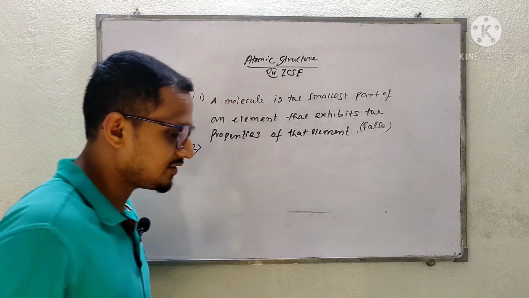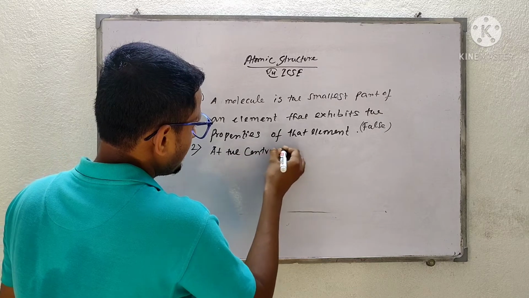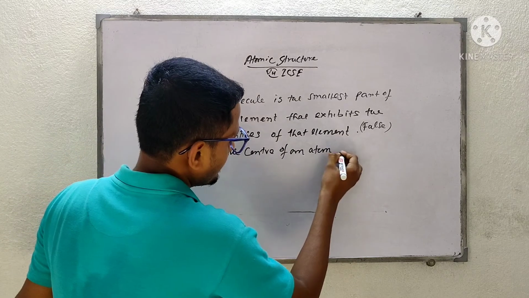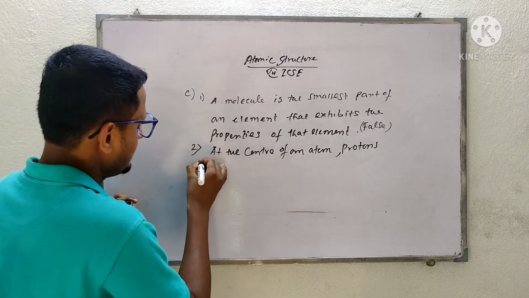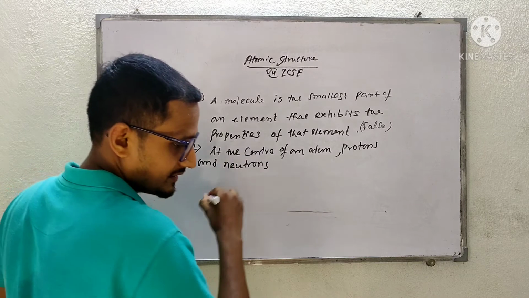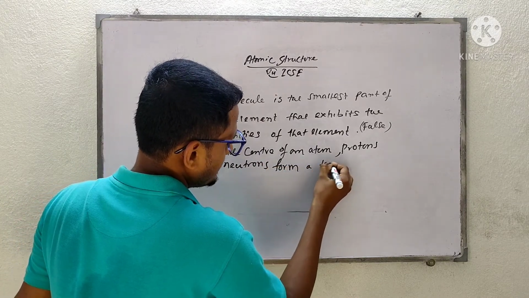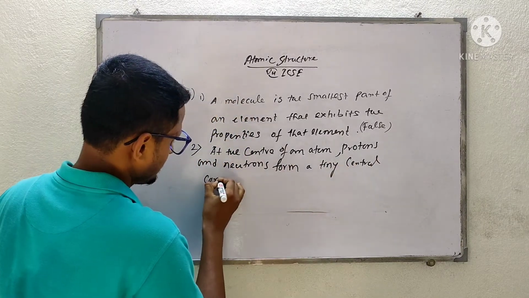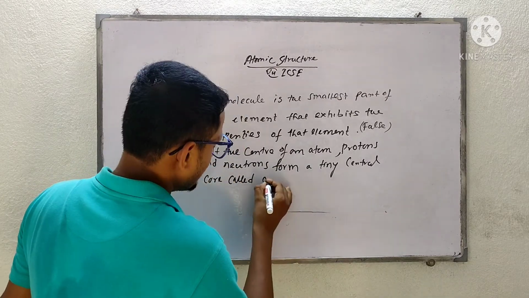Next, at the center of an atom, protons and neutrons form a teeny central core called an electron.